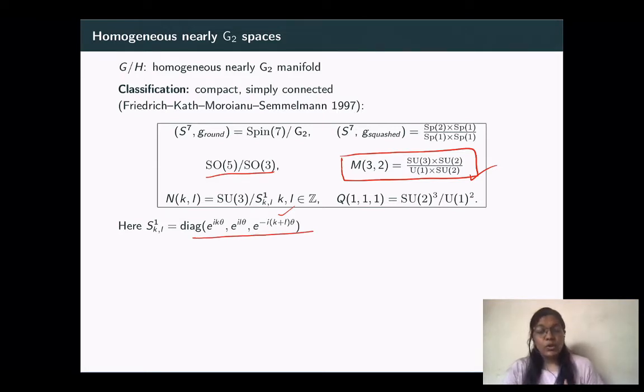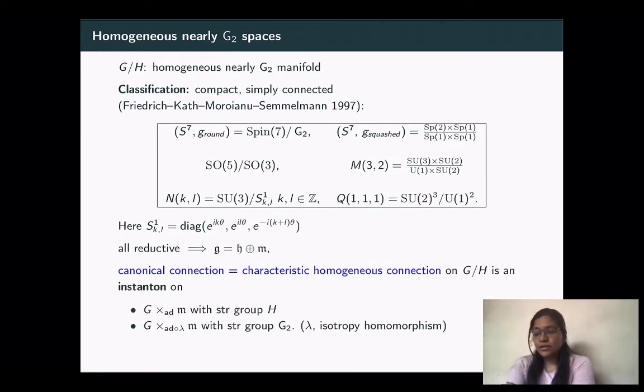So these are the 6 homogeneous nearly G2 manifolds, and they are all reductive.